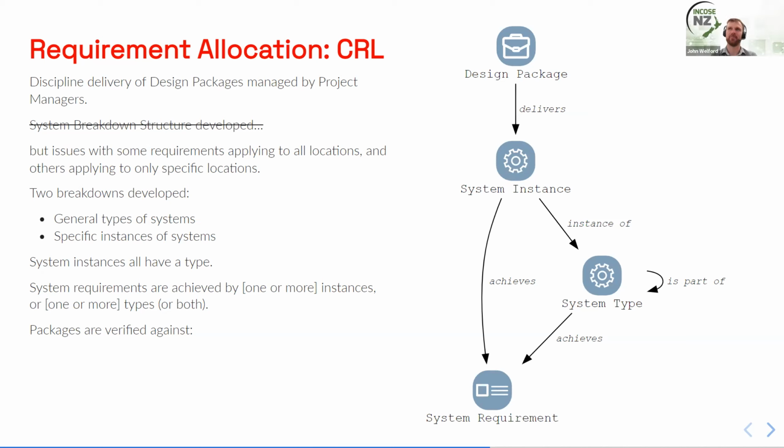Yeah, I think it depends on the domain that you're working in. Obviously, in some cases, if you're just producing one-off products, then your system breakdown structure will just be all instances. In other cases, if you're producing whole sets of things that are very similar but slightly different, then your system breakdown structure will just be all types of things.